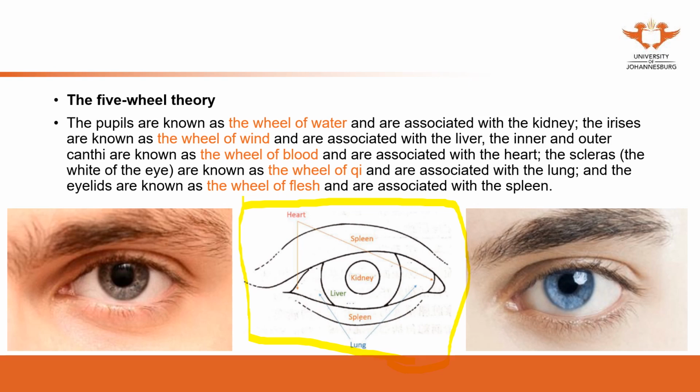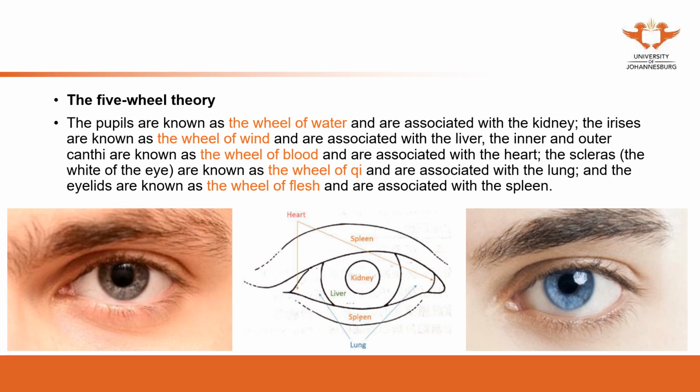The sclera is the white part of the eyes and is considered the wheel of qi. The eyelid is the wheel of flesh, linked to the spleen. Based on these theories, when we observe the eyes, if there is something abnormal in different parts of the eyes, it can indicate an abnormal situation of the internal organs.